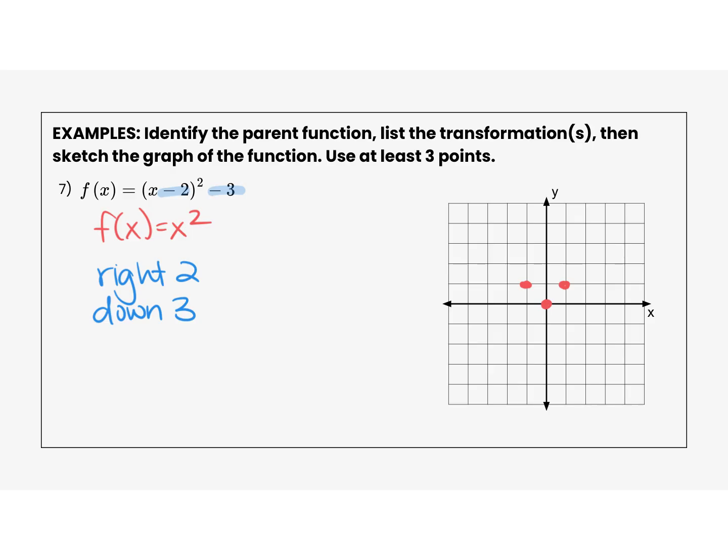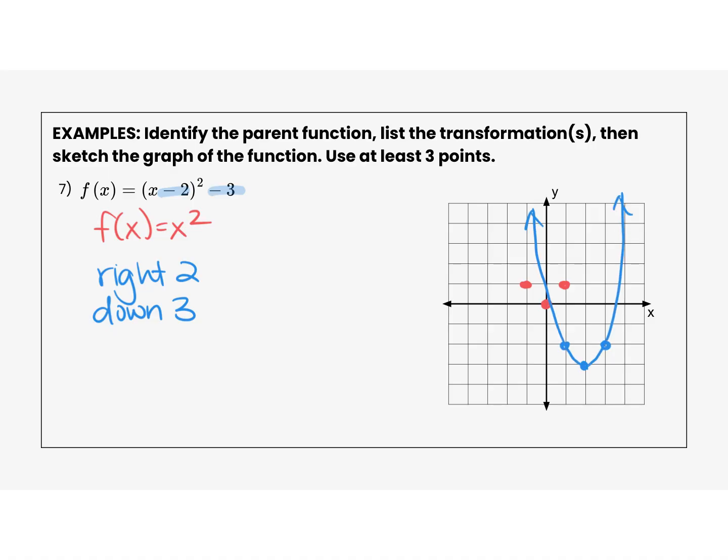So I'm just going to take all of these points that I graphed from my parent function, and I'm going to move them right 2 and down 3. Right 2, down 3. Okay, so this is where my new graph is, and now I'm going to actually sketch.